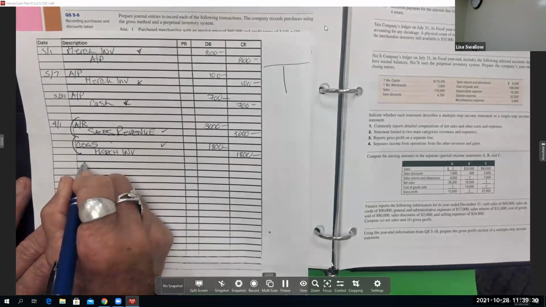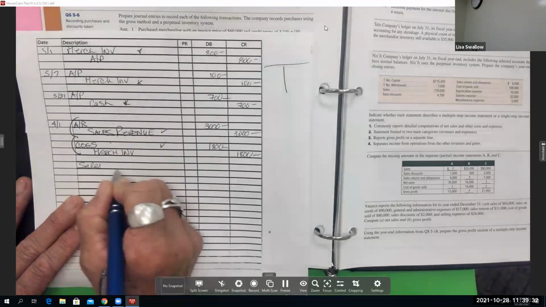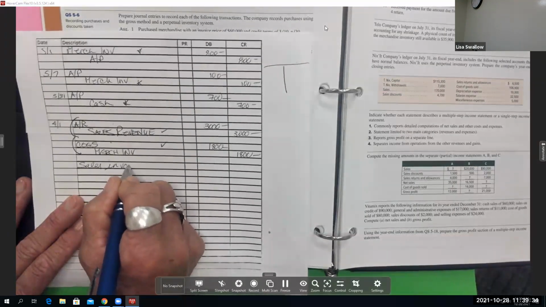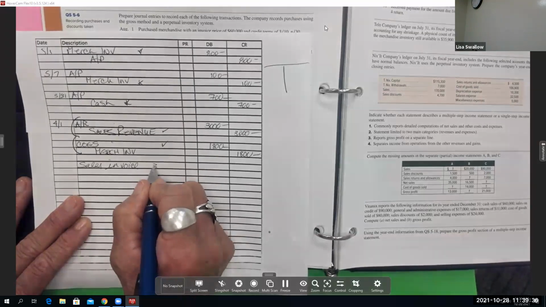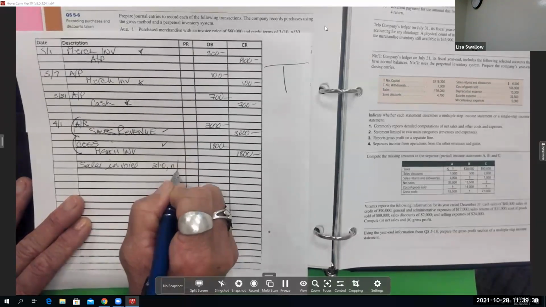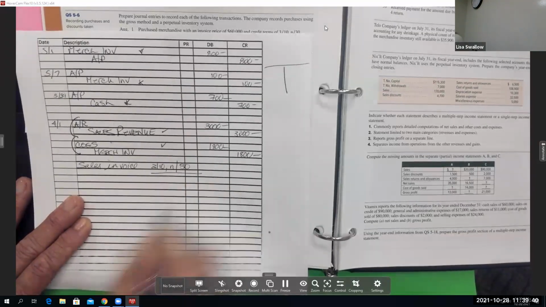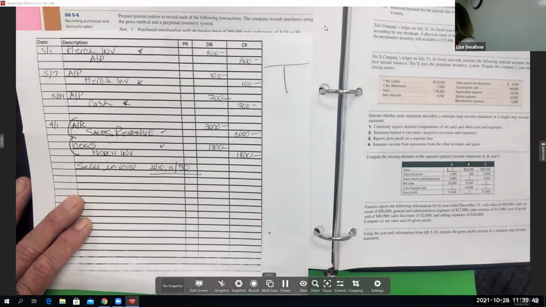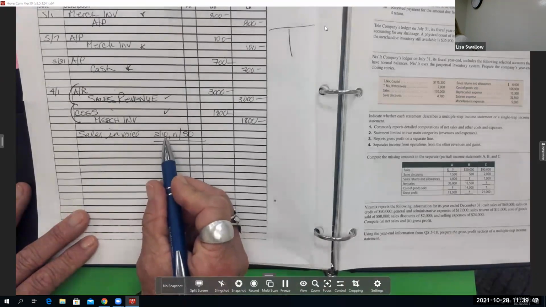This transaction, my invoice, can you read this for me? Is that 3? 3. Okay, so 2%.